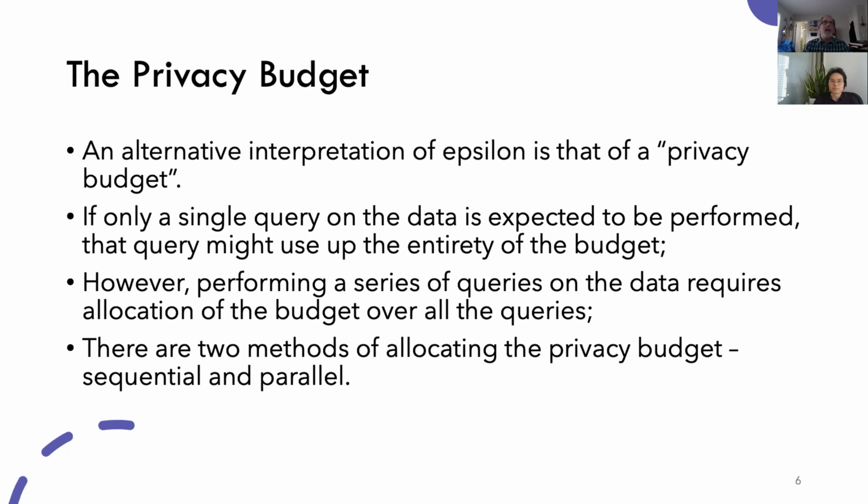On the other hand, and I mentioned this before, if you're performing a series of queries on data, it requires the allocation of the budget over all of the queries. Let's say you set the privacy loss budget on a data set to 4, and you want to perform 4 queries on this particular data set. You want age brackets for a particular county. You want race and ethnicity distributions.